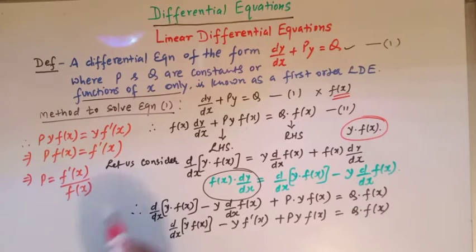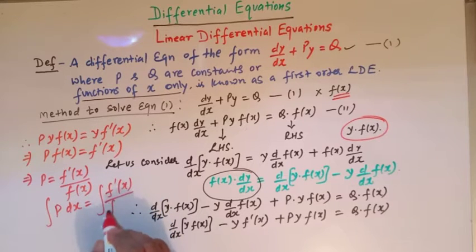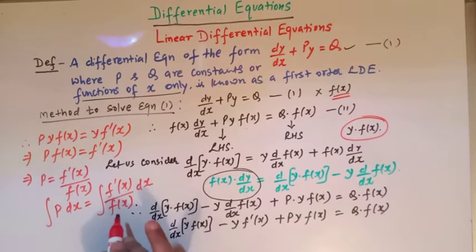Now if we integrate both sides with respect to x, we have integral of p, and here we have f prime of x divided by f of x dx. Clear?